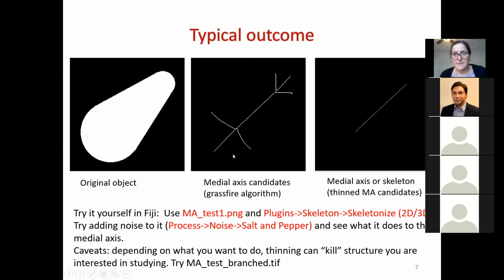So again, the typical outcome is this. And here, I now know why these pixels show up as my candidates before thinning. Often when I look at this object, I'm thinking about that center or a main central line as this. To achieve this, I have to do some post-processing of the medial axis, and basically I can throw away these in terms of graph.